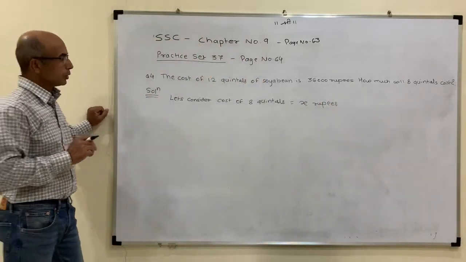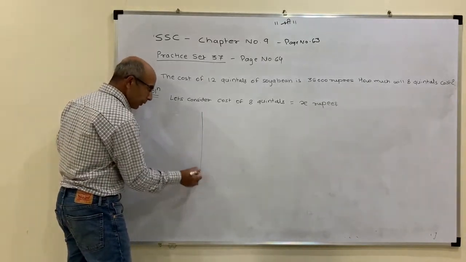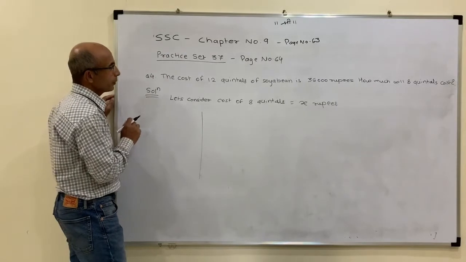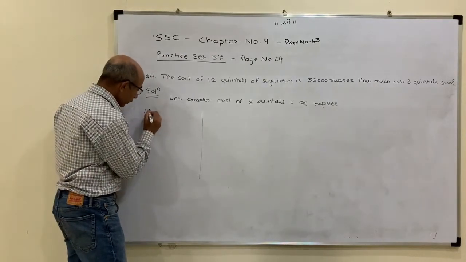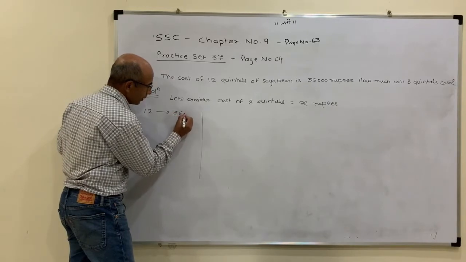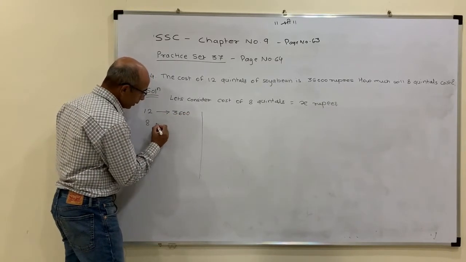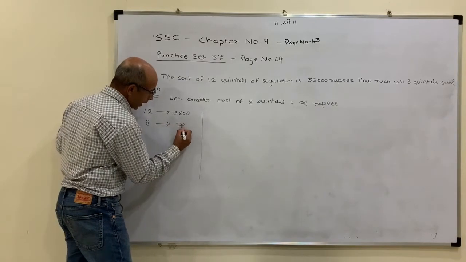So now this time I am going to explain something a little different. 12 quintal will cost me 3600, so 8 will cost me x.